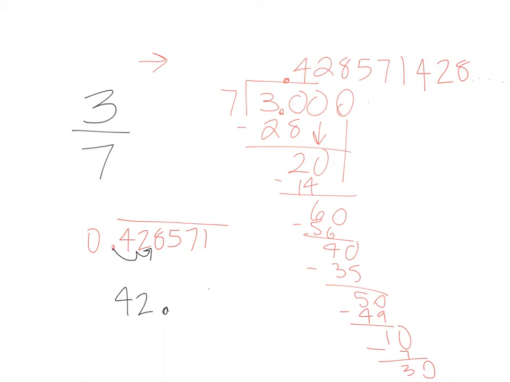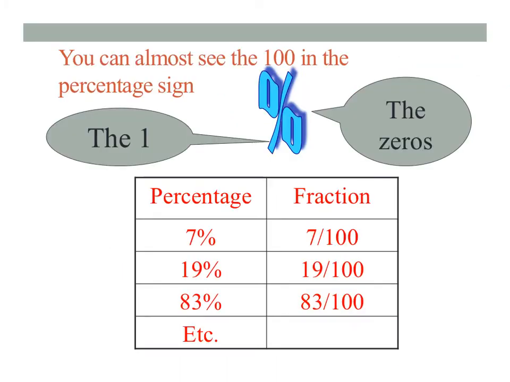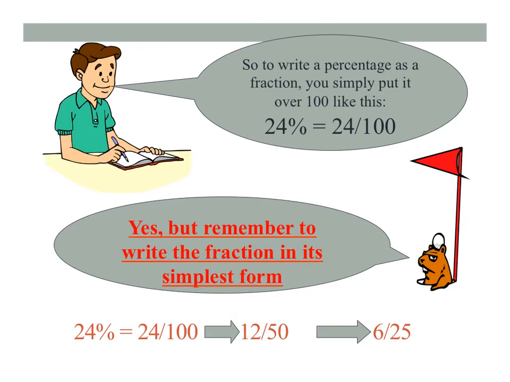Or about, if you were to round it, you can round it to 43%. Remember that you can even almost see the 100 in the percentage sign. There's the 1 and the 2 zeros. So every time you see the percent symbol, it means out of 100. So when you're asked to change any percentage into a fraction, just put it over 100. But remember that you have to always simplify.